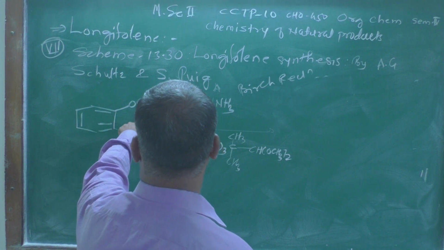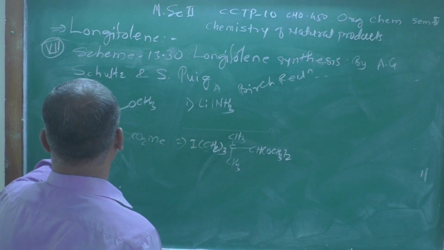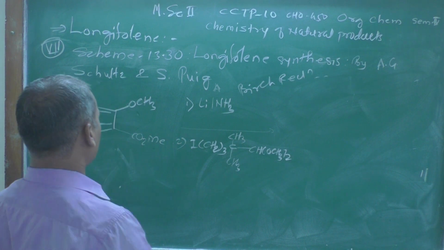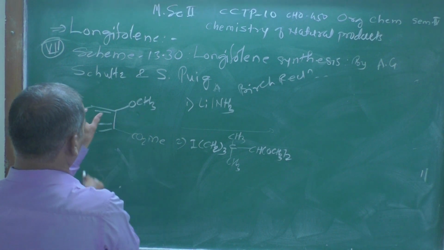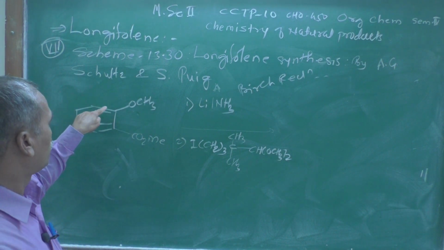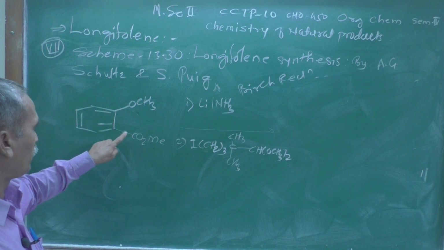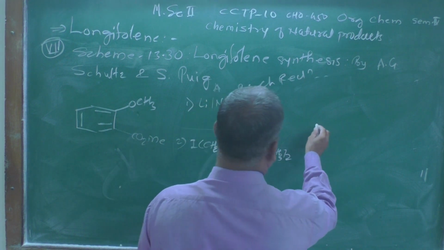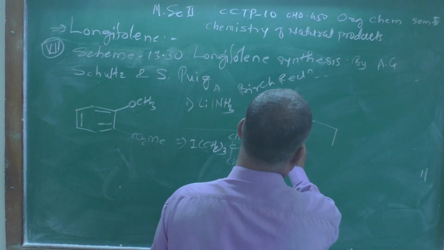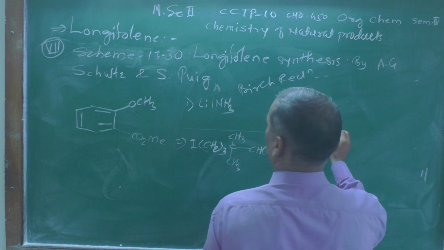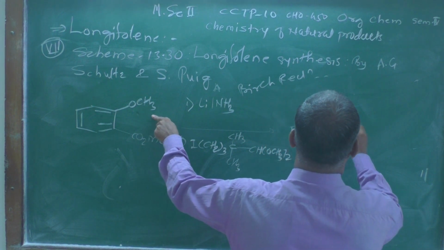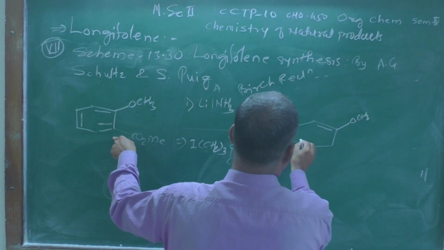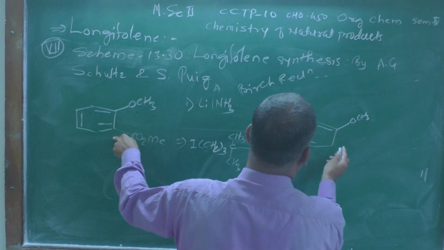Now partial reduction, look here, this double bond is shifted from here. Because always remember, if an electron donating group is there, the double bond remains adjacent to that. If electron withdrawing, it is shifted away from that, so you are going to get the product like this. This double bond remains as it is, and OCH3, partial reduction, and this double bond shifted from here to here.